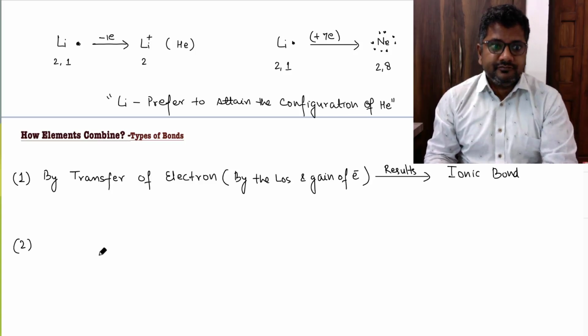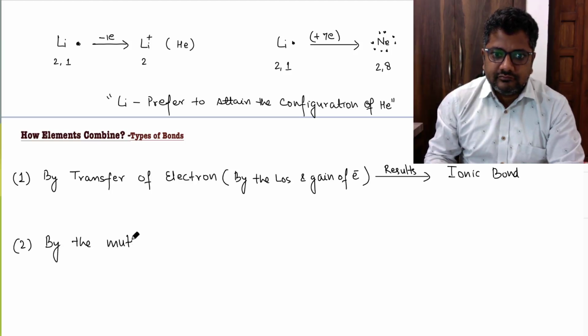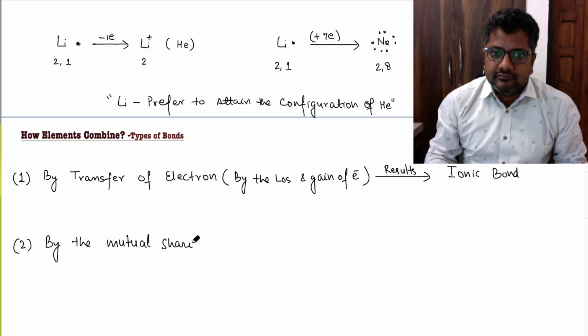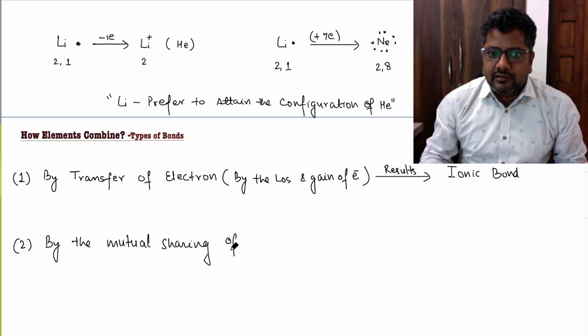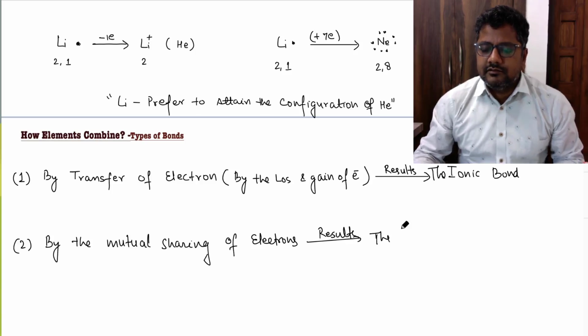Okay. Second method is by the mutual sharing of electrons, and this time they will result in the covalent bond.